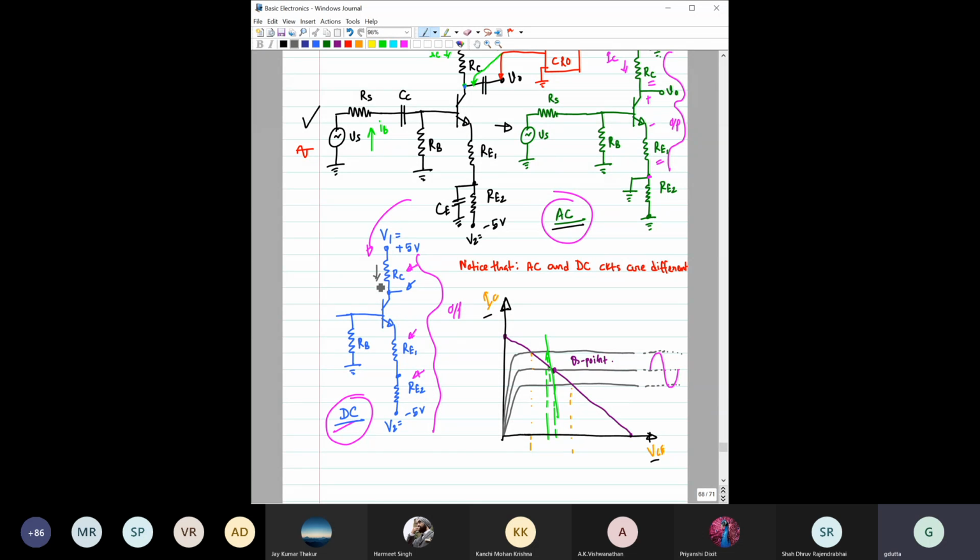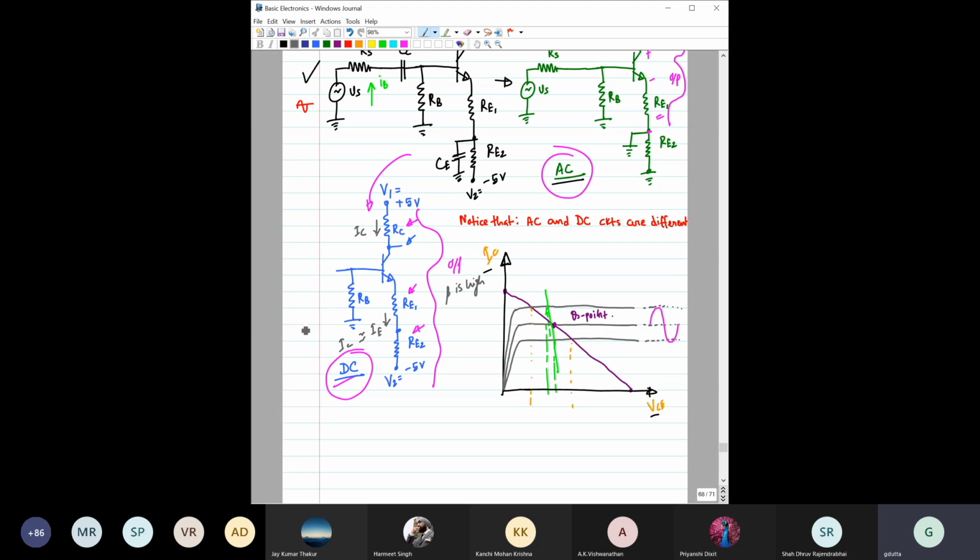One more thing, we can assume that IC is quite close to IE because beta is high. If beta is high, then the value of alpha will be close to 1, so you can say that IC equals IE. From that, could you please write the KVL equation here?